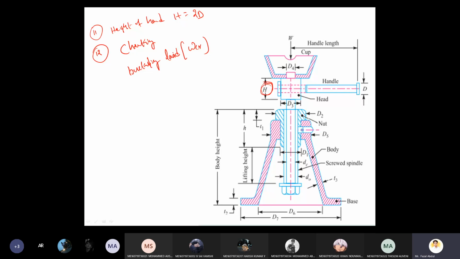Here, Rankine's formula is already discussed in the mechanics of material. That equation I'm writing here. WCR equals crushed area into yield strength into 1 minus yield strength by 4 into C into pi square into Young's modulus into effective length by radius of gyration square, right?